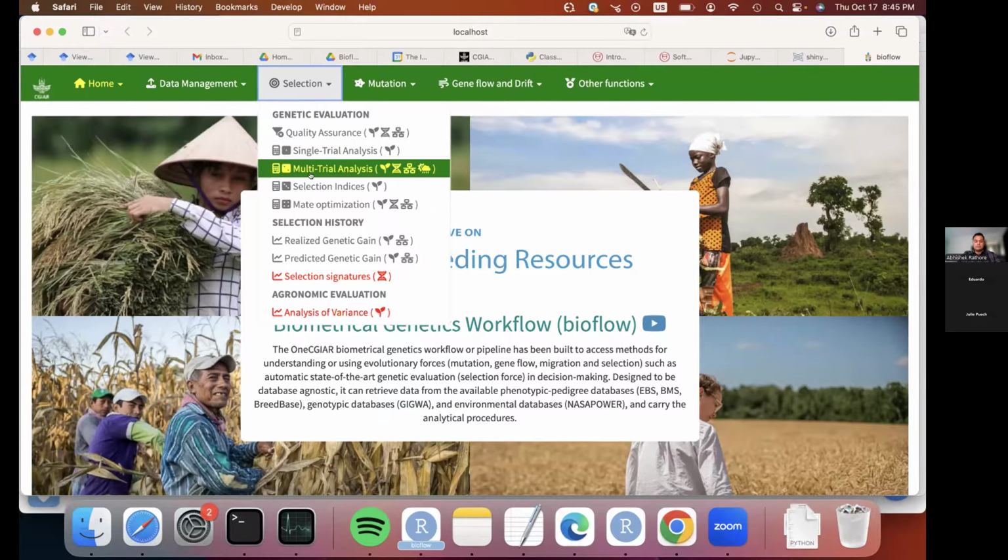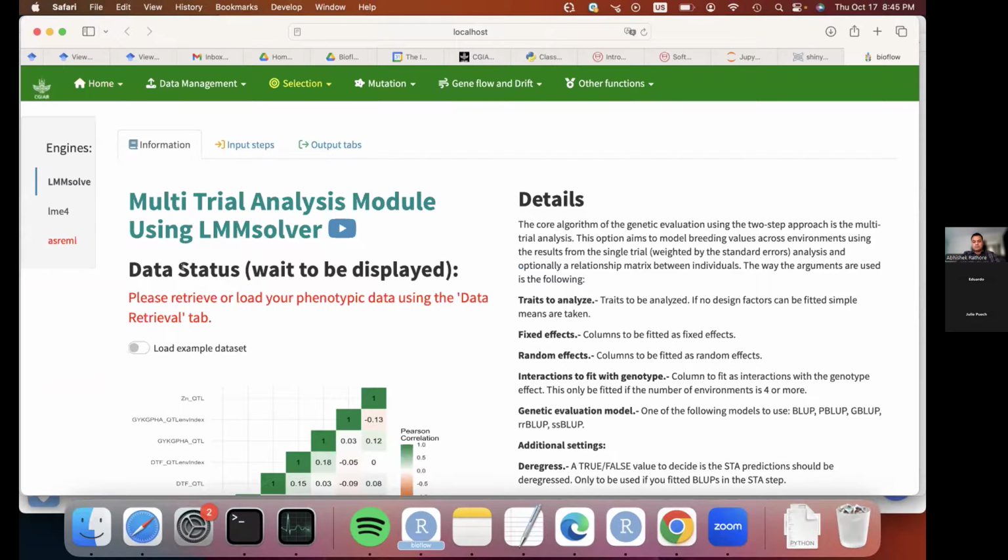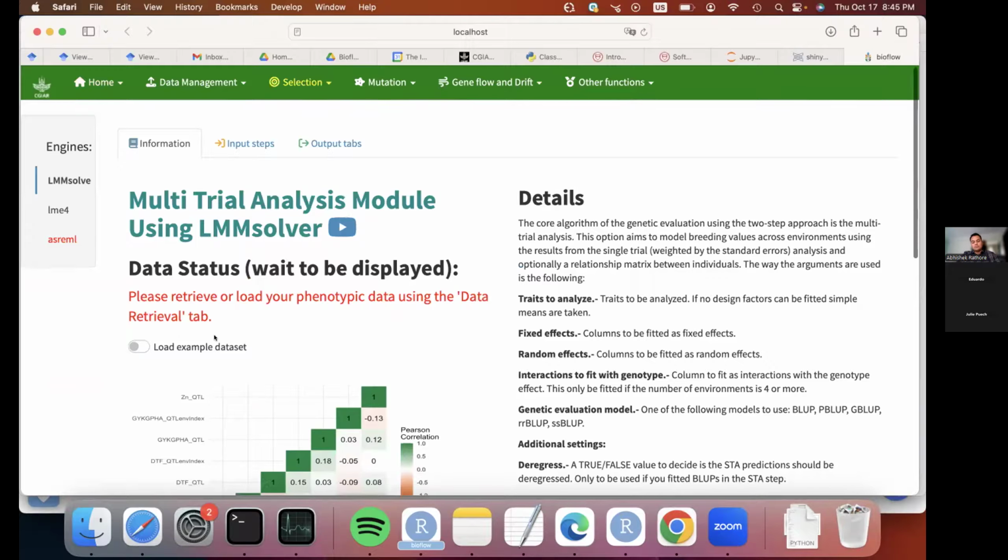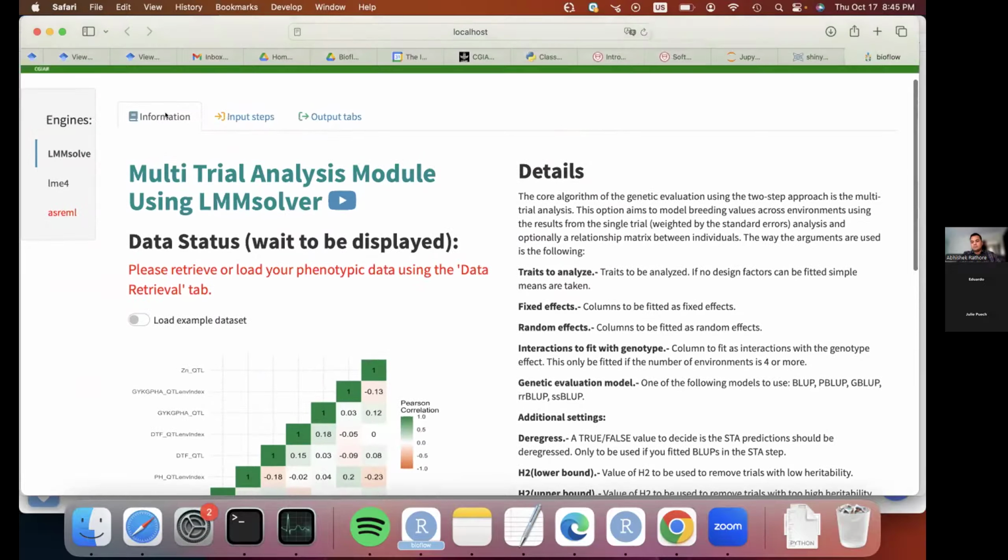If you go to a specific module, you will notice that everything has a similar interface where you get an information tab, you get some input steps and some output tabs, and you will always get some message whether you are good to go or not, or you have to do something. You can see here how the application is actually telling me you have not even loaded your phenotypic data, so go there to data retrieval and do it.